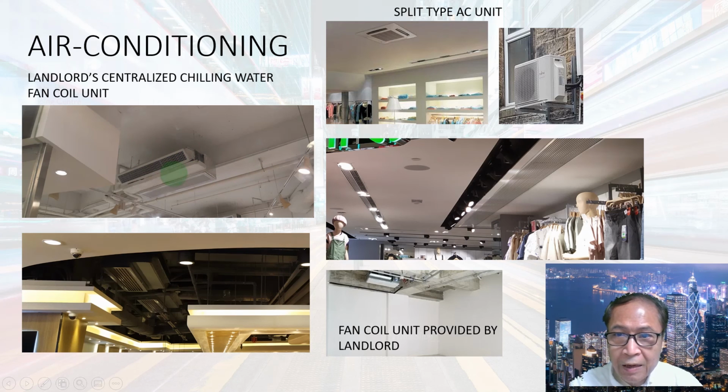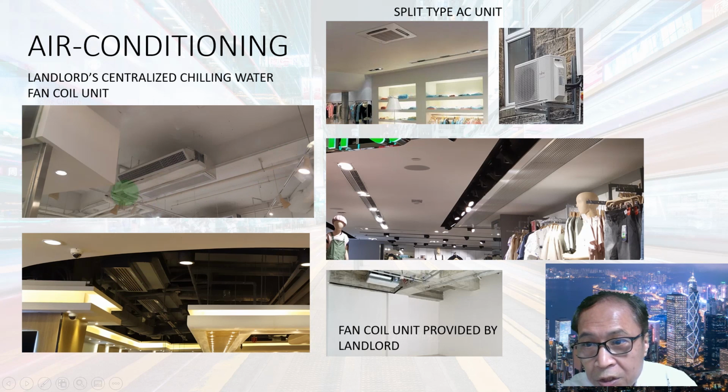After the lease, you have to return the premises to the landlord in the original state. So people prefer to make minimum modification, so they don't spend too much money on the reinstatement. It's a central air conditioning with the chilled water pipe here. This is the chilled water pipe and condensate water pipe.